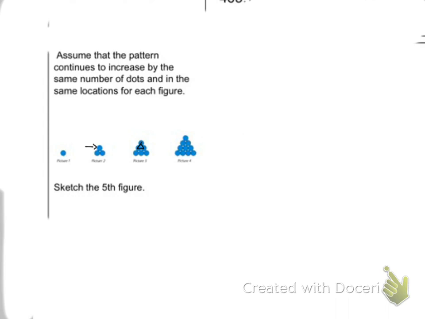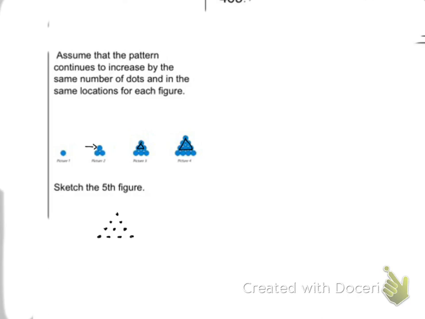Figure 4 has figure 3 on top, and a fourth row has been added. Which means if this pattern were to continue, the fifth figure is going to have all of figure 4. So I need 1, 2, 3, 4, then 3, 2, and 1.